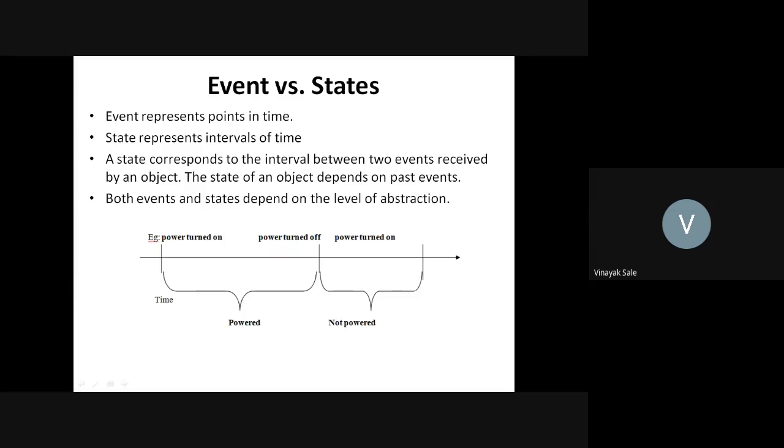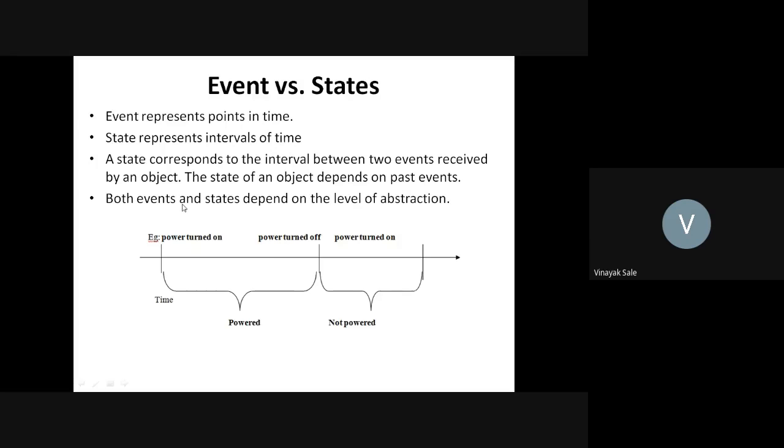Here again, powered on. The first is turn on power, the second is turn off power. The interval between these two events is known as a state, and the state is powered. In the second case, after power turn off and then powered on, the state is not powered.